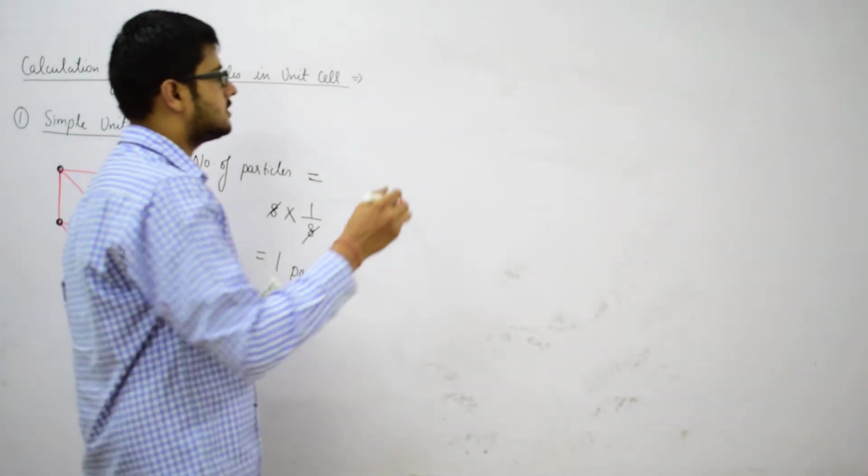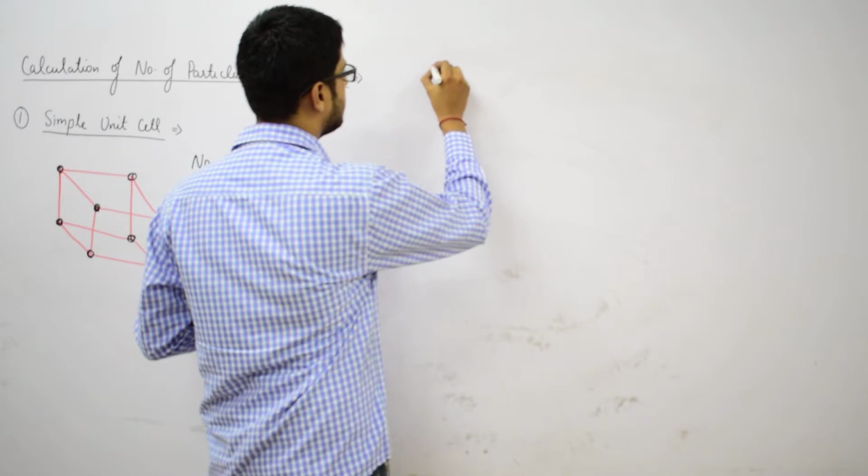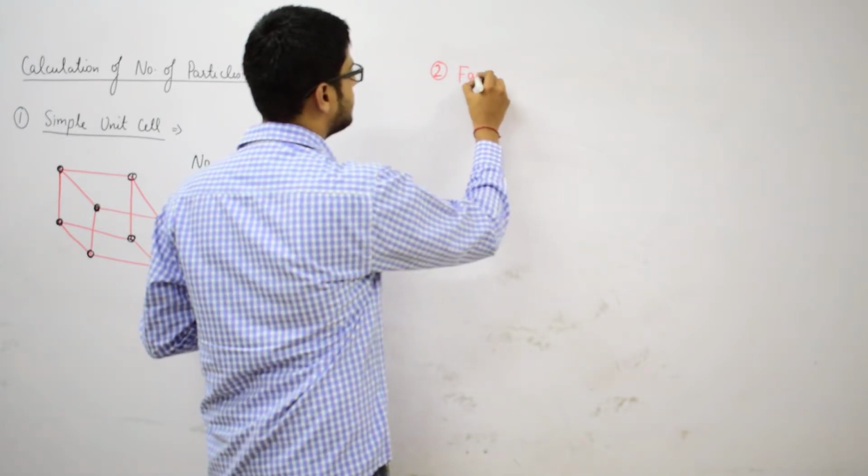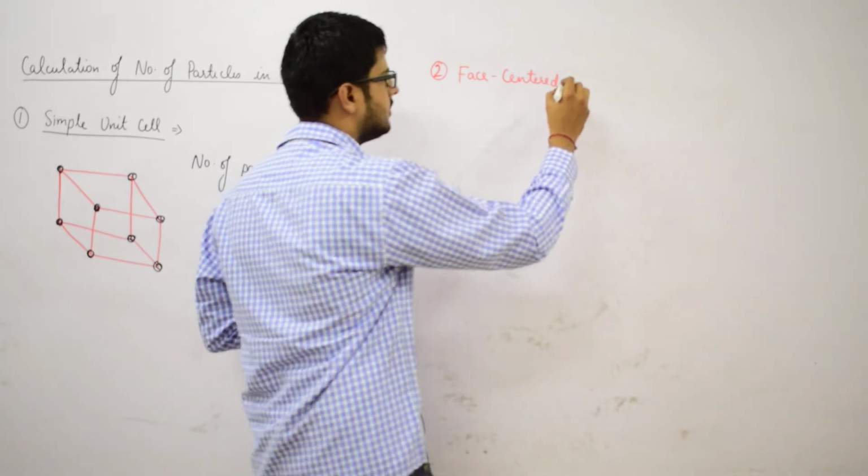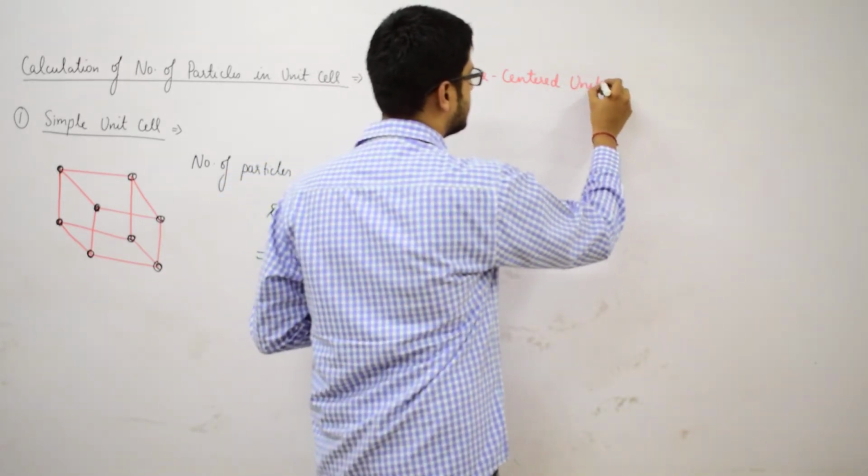Next, let us discuss the second type of unit cell, that is face centered unit cell.